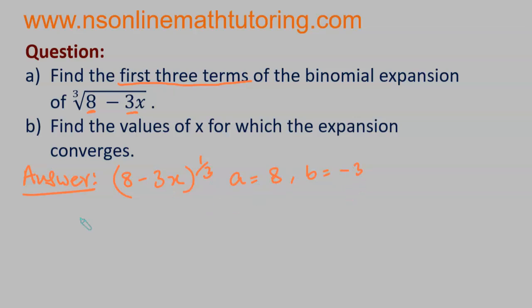So, what will this be equal to? 8 to the power of 1 over 3 times (1 minus 3 over 8 x) to the power of 1 over 3. Now we have to expand this part, and 8 is 2 cube, 2 cube to the power 1 over 3 is 2. So, I will be writing only 2 for this part.